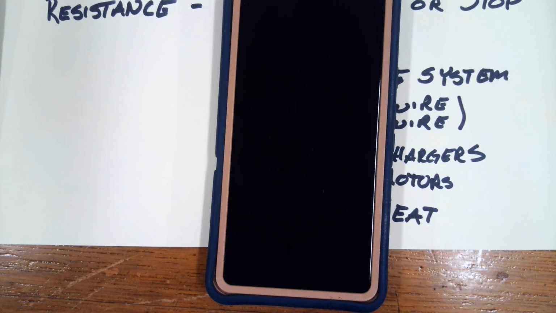Well, something is causing it to process like crazy. I've got Google Maps running in the background, or something is really drawing on its resources. That takes a lot of electricity to run all that processing. When it's working really hard, the phone gets hot.